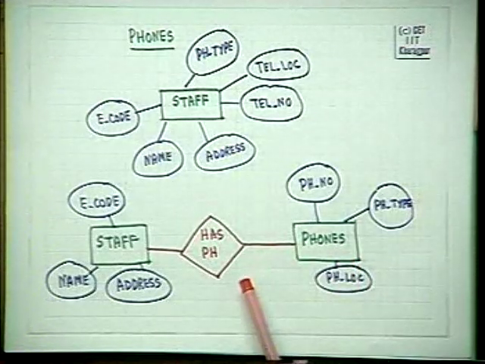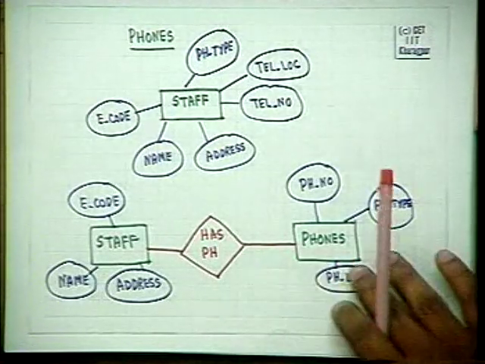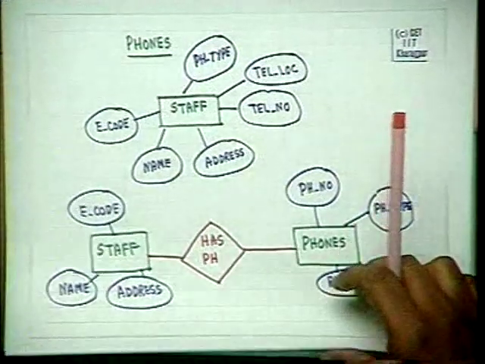Now we will come to some other interesting constraints. These constraints help to characterize the type of mapping relationships that we have. So these are called mapping constraints.